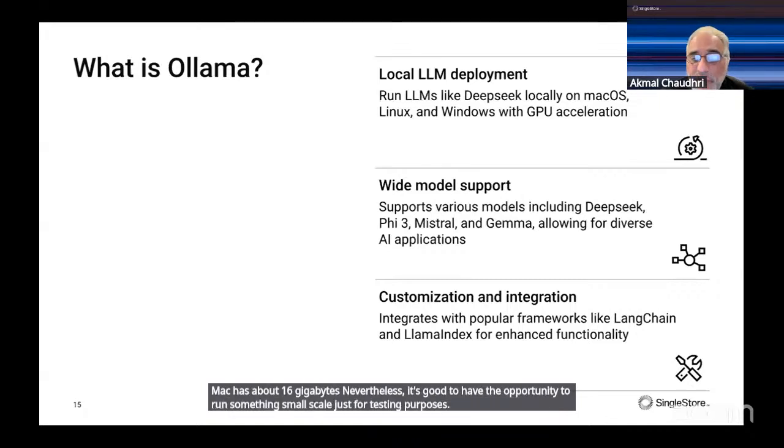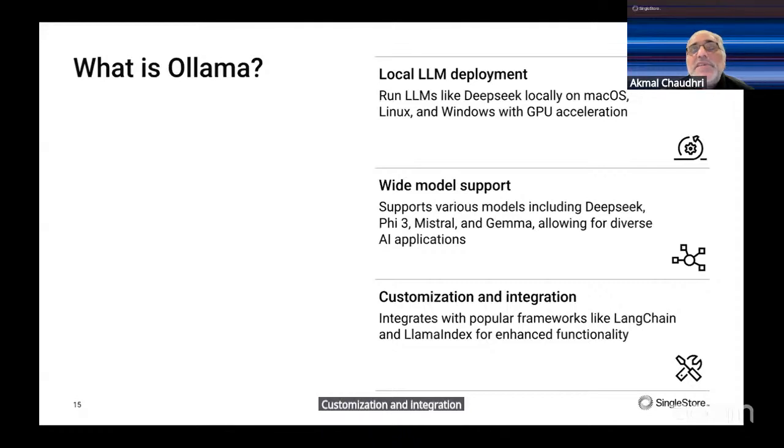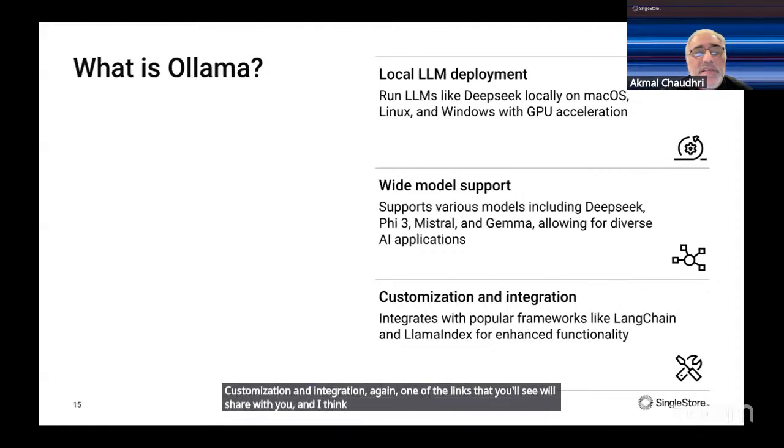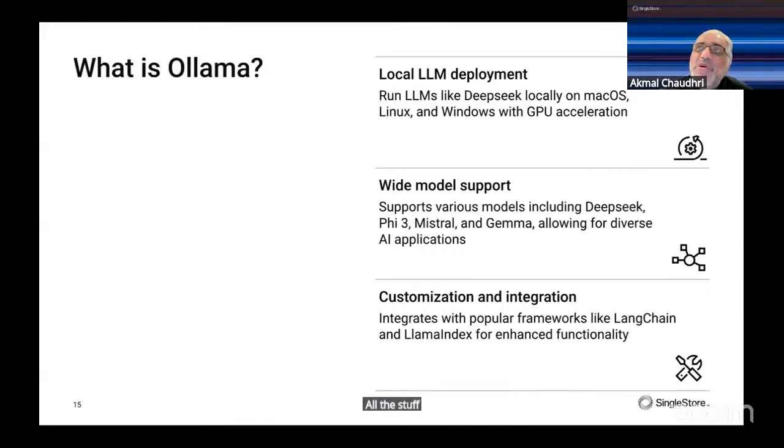Customization and integration. Again, one of the links that Yuxi will share with you, and I think she may have done already, is an article I wrote a while back using LangChain. That was published on DZone. So that works really well. The benefit of using a framework such as LangChain is it does the plumbing, all the stuff behind the scenes for you, which you as a developer may otherwise have to worry about.